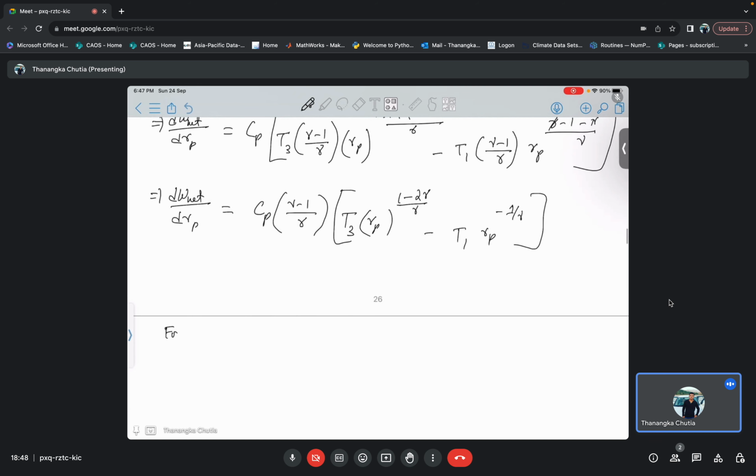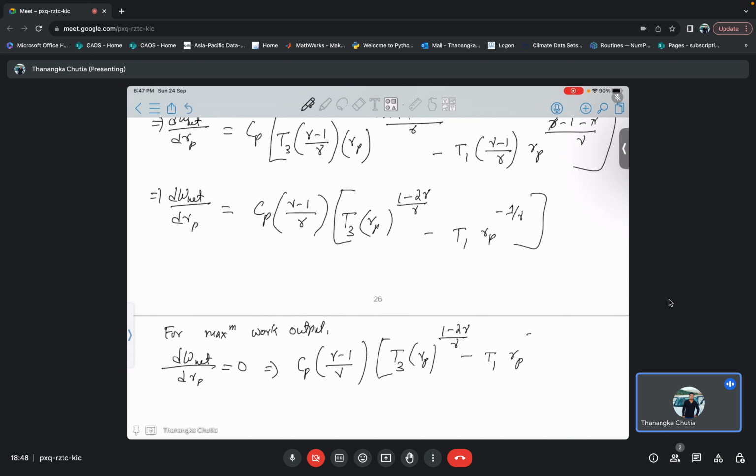So for maximum work output, dW net divided by drp must be equal to 0. That means Cp into gamma minus 1 divided by gamma into T3 into rp to the power 1 minus 2 gamma divided by gamma, minus T1 into rp to the power minus 1 by gamma, is equal to 0.